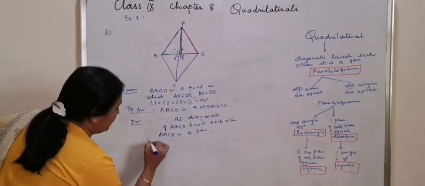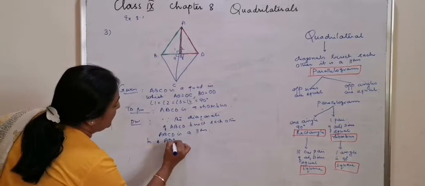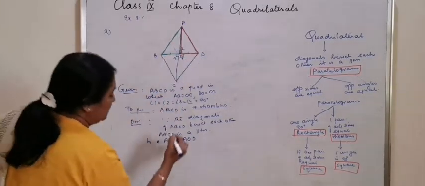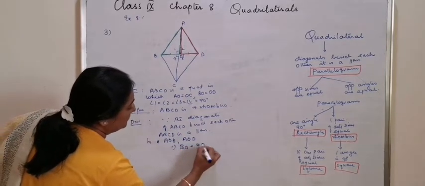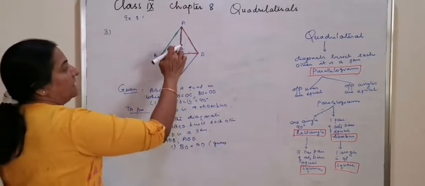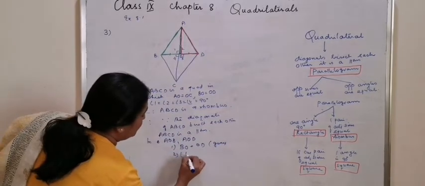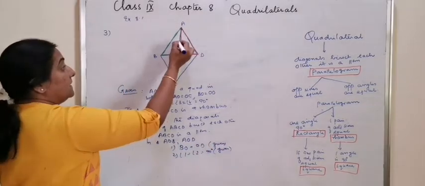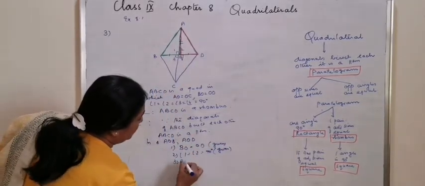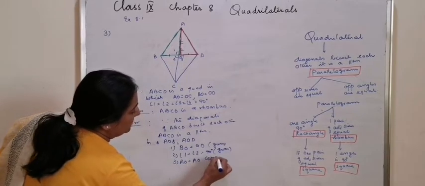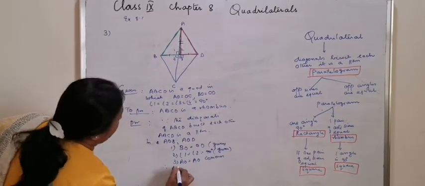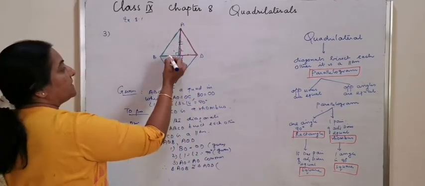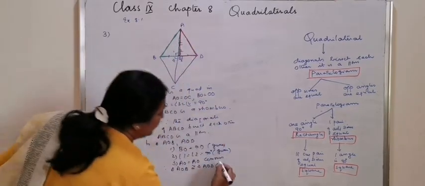In triangles AOB and AOD, BO is equal to OD, given. Again, angle 1 is equal to angle 2, 90 degrees, that is also given, and the common side AO is equal to AO. Therefore, triangle AOB is congruent to triangle AOD by SAS.